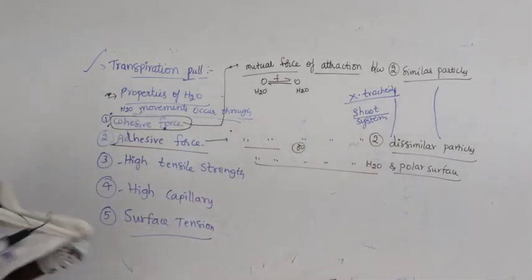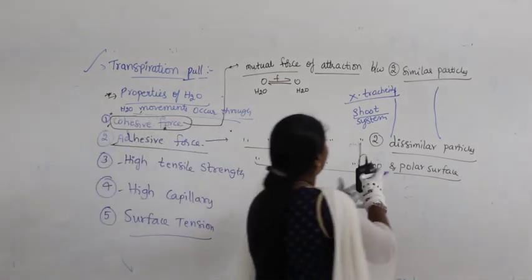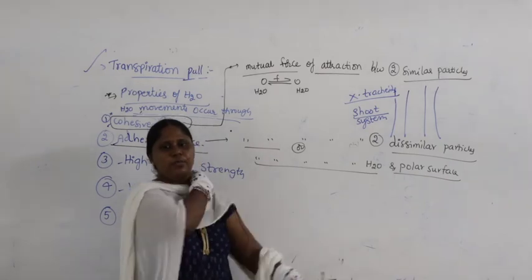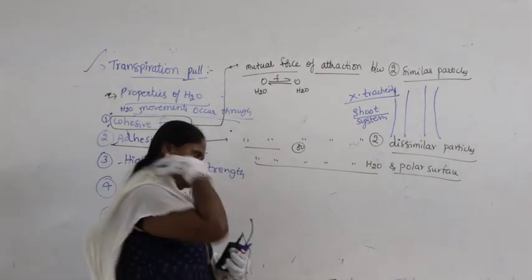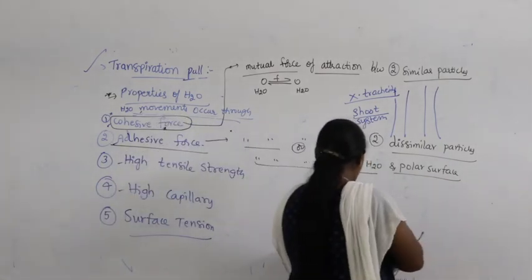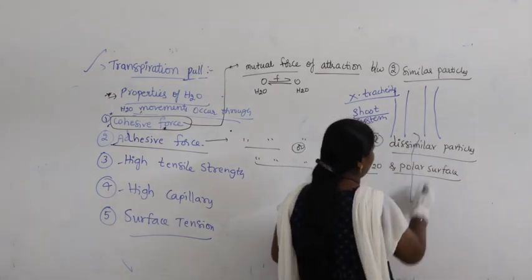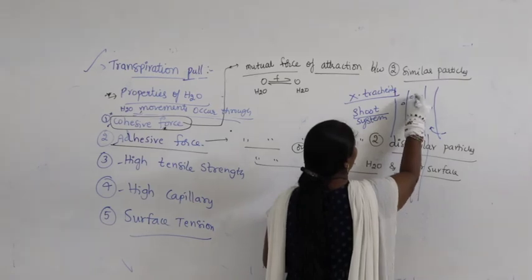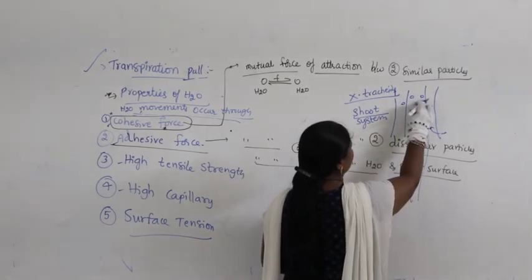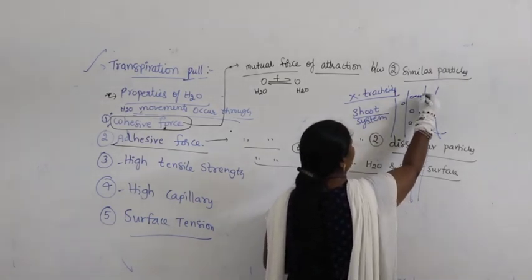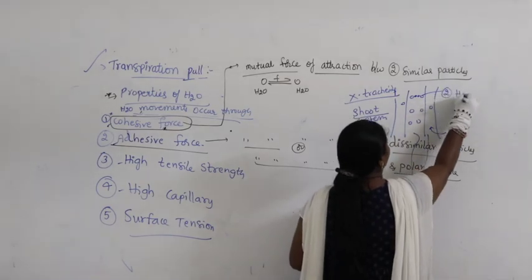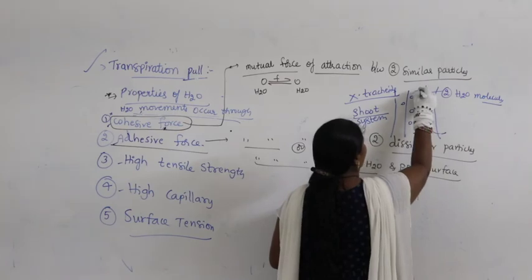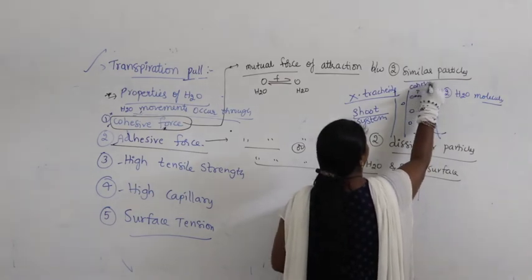When you take the xylem tracheids here, what happens in this case? The movement is happening from the ground, that is from the root, upward. So when water is moving here, between two water molecules, this is water, this is water, the force there is called cohesive force.